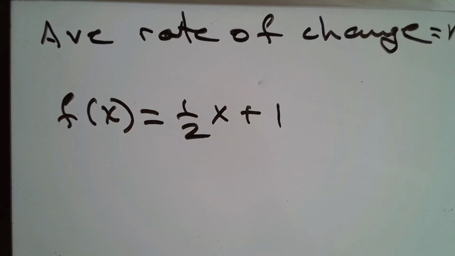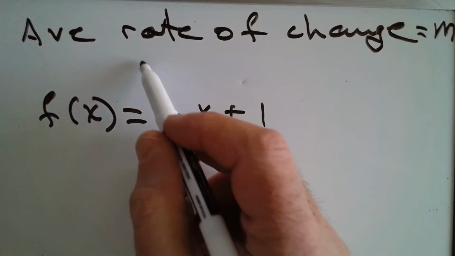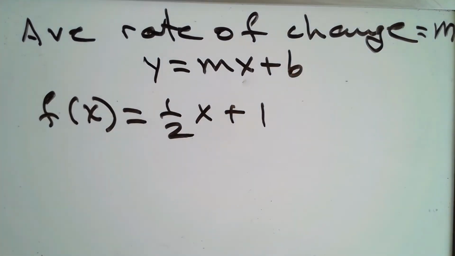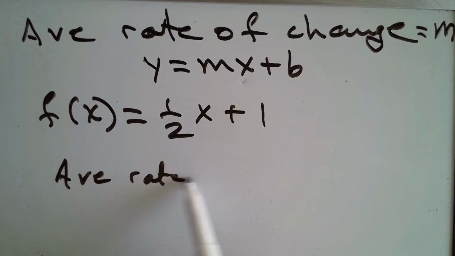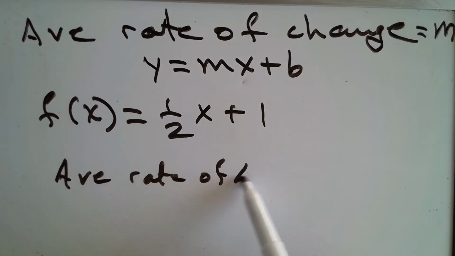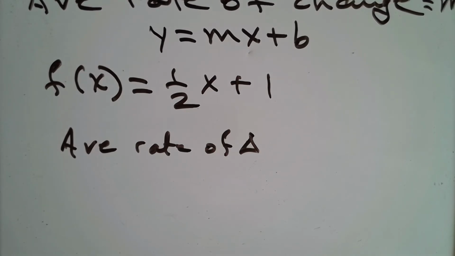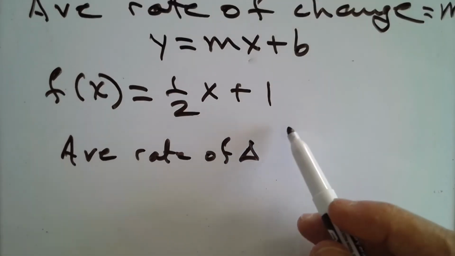So if we're looking at y equals mx plus b, our average rate of change, and we use the delta symbol for change, because change is difference, delta, and this time in x.